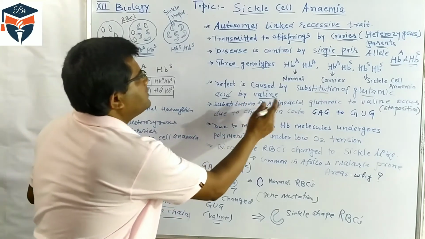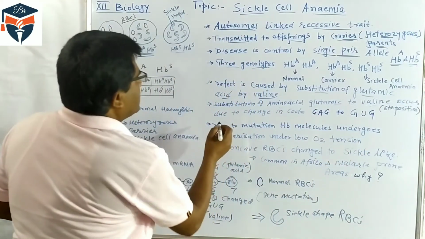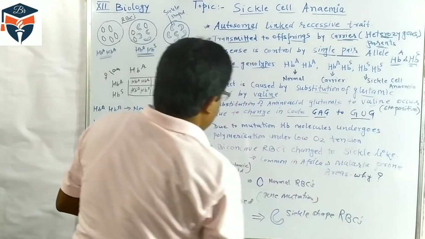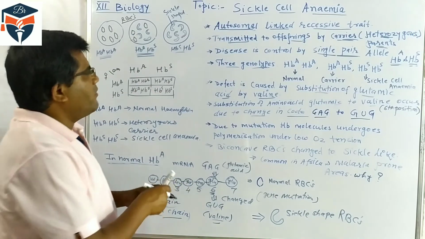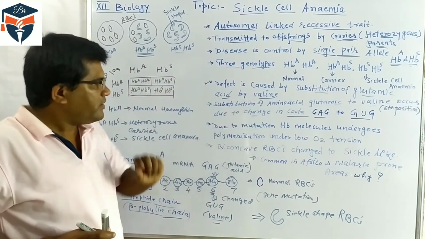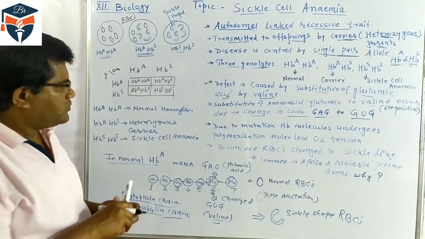The substitution of amino acid glutamic acid by valine occurs due to a change in the codon, GAG changing into GUG. In these two lines I have explained that glutamic acid is replaced by valine and GAG is changed to GUG.